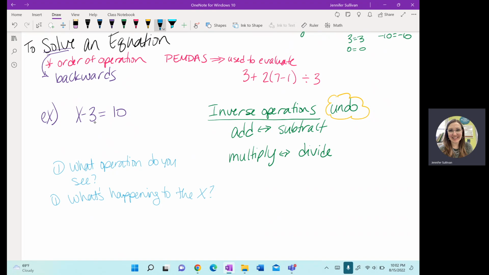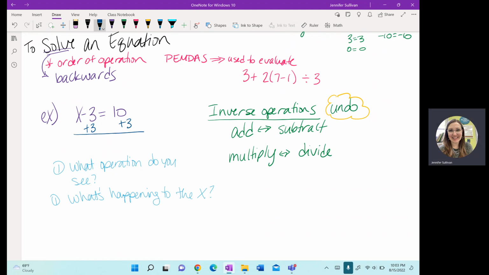That's what's happening to the x, the minus 3 part of it. And so then I would say, okay, well, how do I undo minus 3? Well, what's the opposite of minus, or what's the opposite of subtract? Add. So I'm going to undo this minus 3 by adding 3, and I have to do it to both sides. Have to.